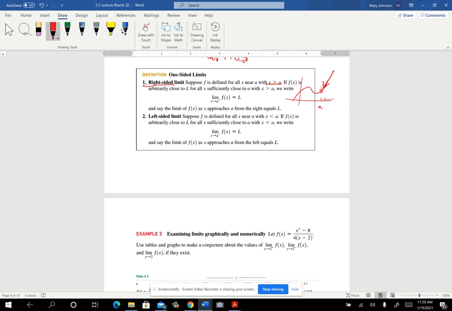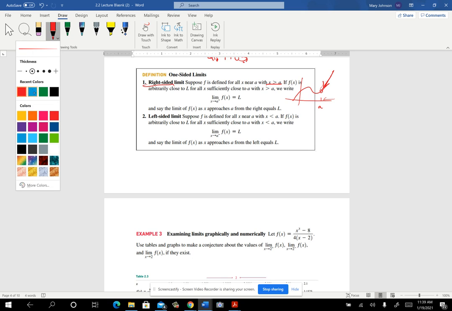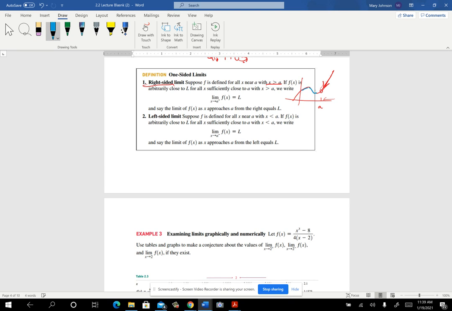So same picture, but let me do it in blue. The idea is that we could be approaching that spot from the left side. So the function needs to be defined for x's that get close to a. So again, the function would be defined for x's near a, not necessarily at a. And this little thing right here just means you're to the left.